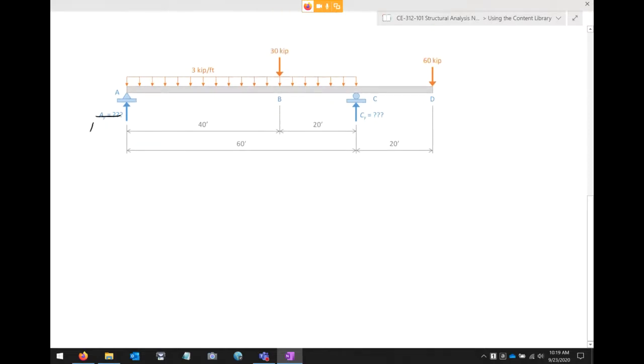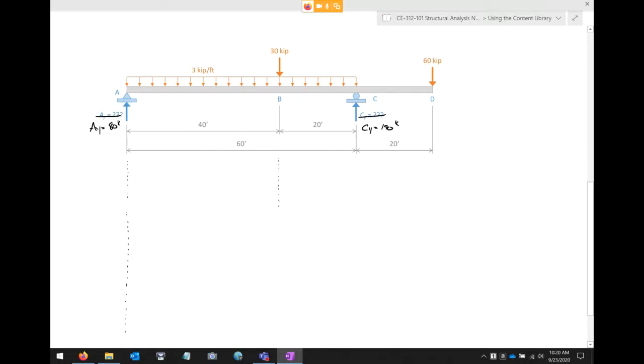Now remember, AY is 80, and CY is 190 kips. Okay, so let's start drawing some dashed lines going downward. As for how many of these you put on here, there's no real rule.